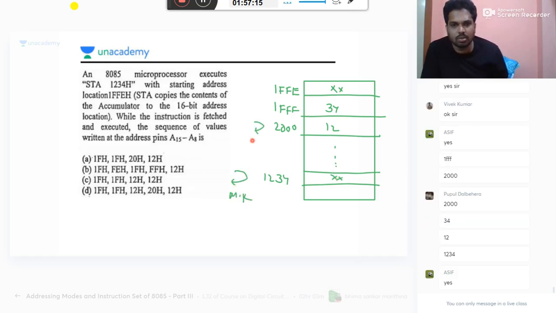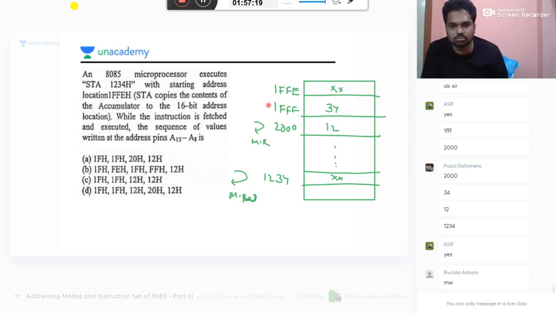Now, no difficulty in the question. Okay, A7 to A0. In the first T state, it will be this much. Second T state, it will copy opcode. Okay, that we know. Nothing difficult in that also. In that case, he will say the T states.